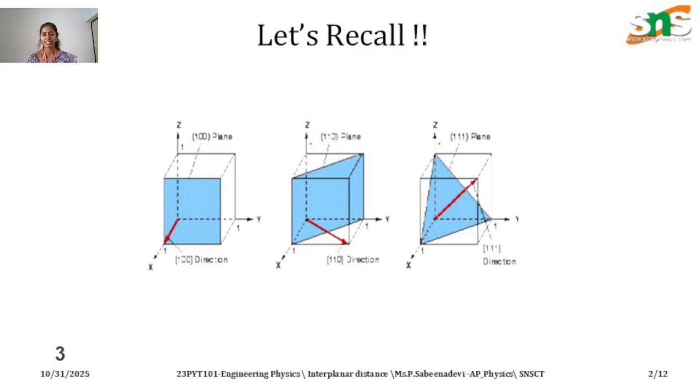These Miller indices are reciprocal to the intercepts. In the previous class we discussed how to draw a plane using Miller indices, and how to find the Miller indices from a plane.